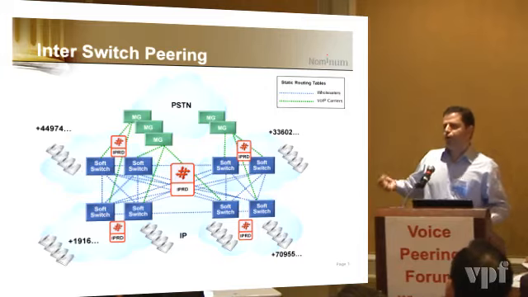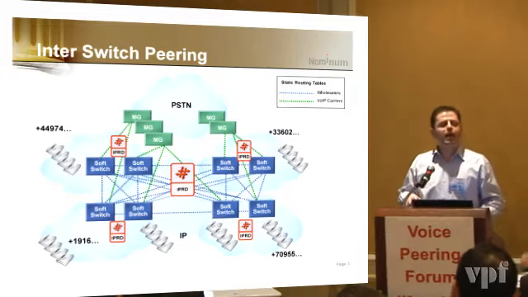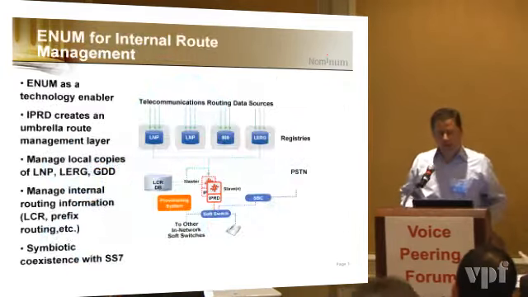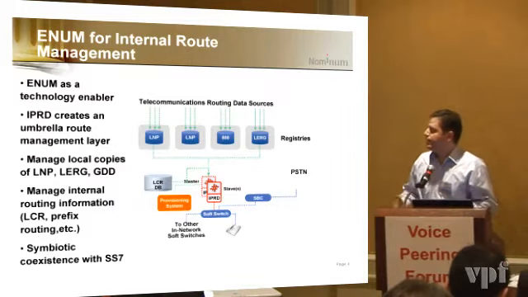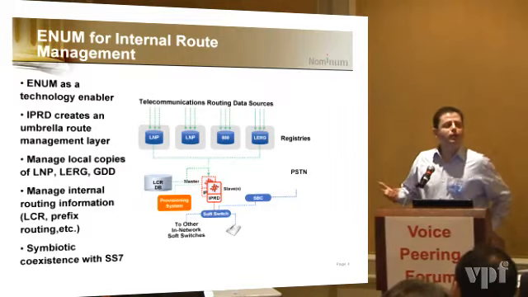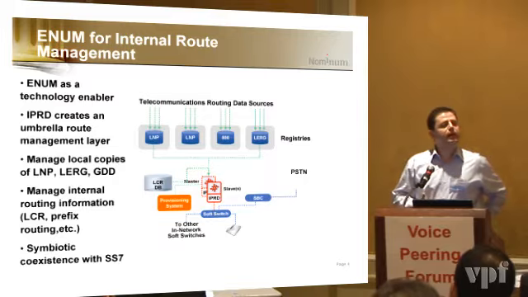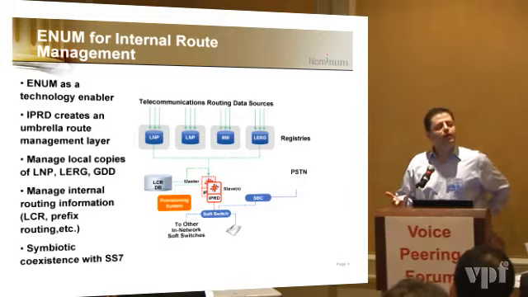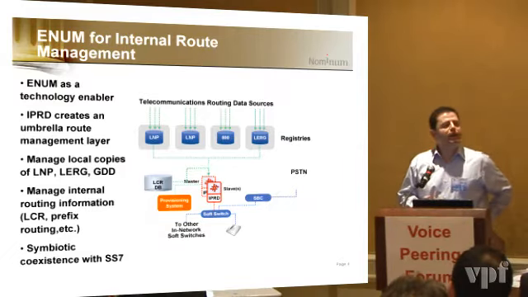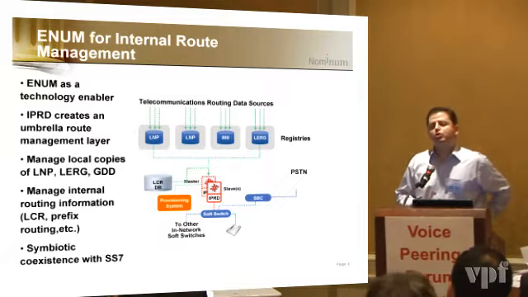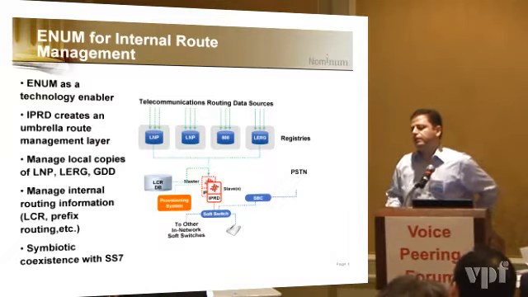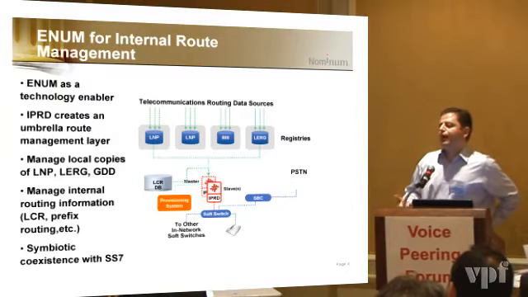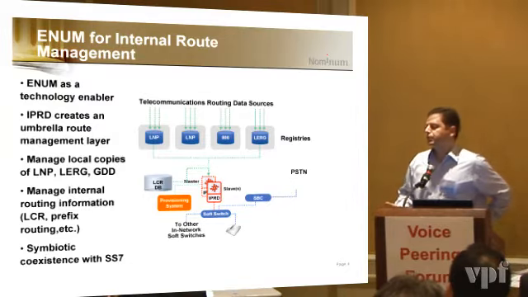So the first step for peering is how you manage your data inside your network. And here, as I said, ENUM is an enabler. The routing directory gives you the ability to consolidate data, and if you want to share that data and publish it into the voice peering fabric, you need to be able to aggregate all the data coming from different sources, internally and externally, manage it yourself, and decouple it from the routing tables in your switching elements.